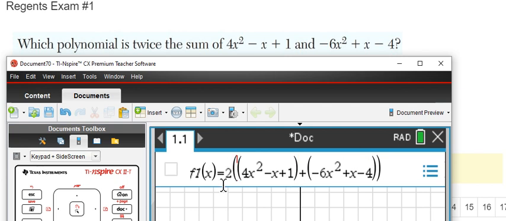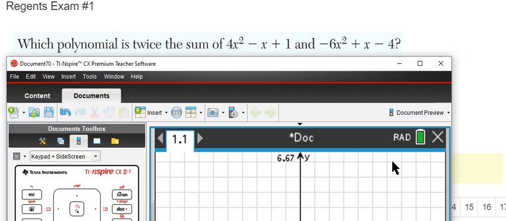And so notice what I went back and did. I want to make sure that this is inside parentheses, this is inside parentheses, and then I have big parentheses around what I'm going to multiply by because that makes sure that I get my result.